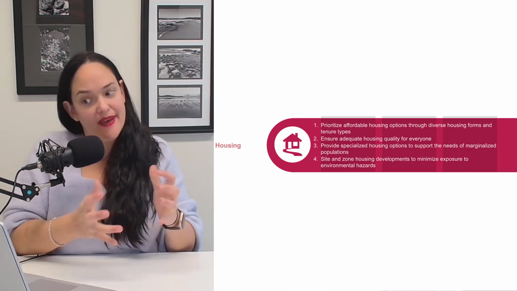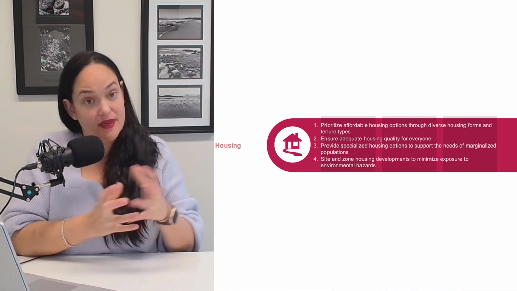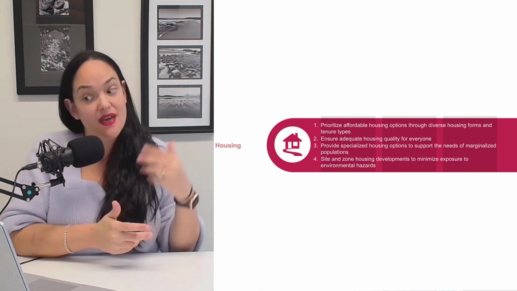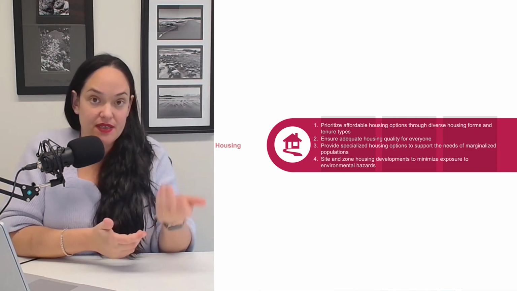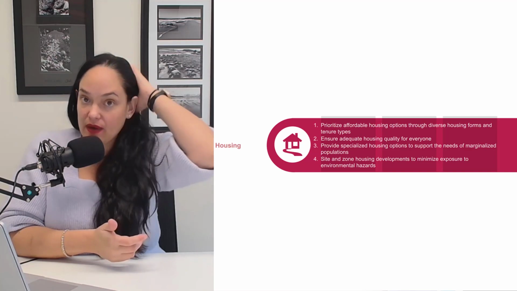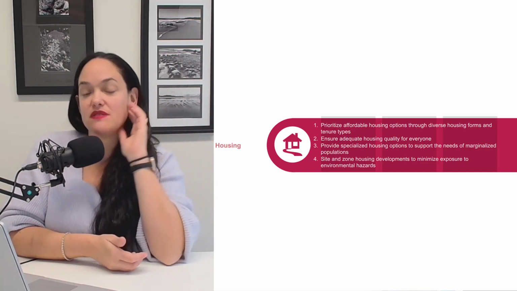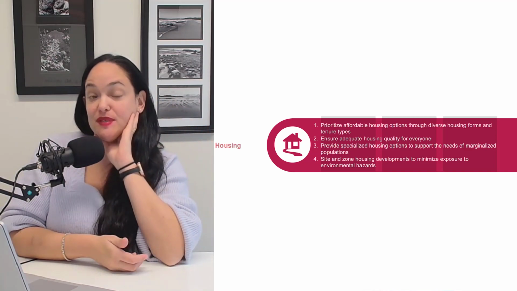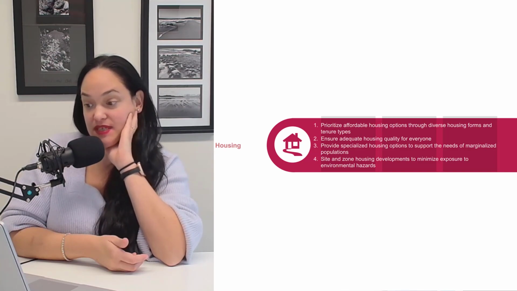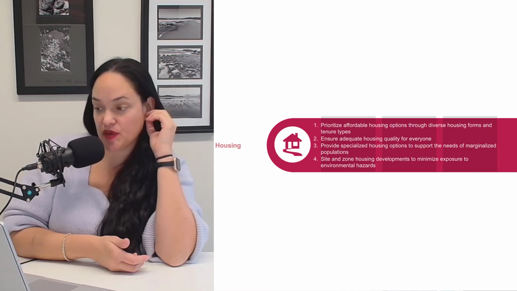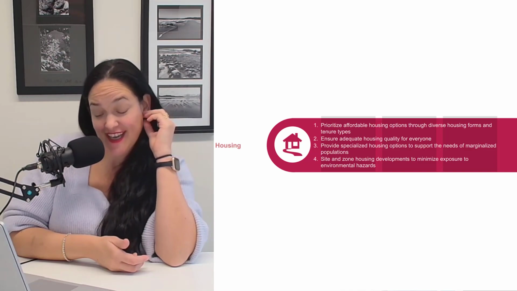Anyways, okay, ensure adequate housing quality for everyone. Bringing up the Downtown Eastside again, that is absolutely not the case. Even in places where there is housing, sometimes people are housed in very decrepit buildings that are falling apart, that are fire hazards, and it's not great, right? Provide specialized housing options to support the needs of marginalized populations.